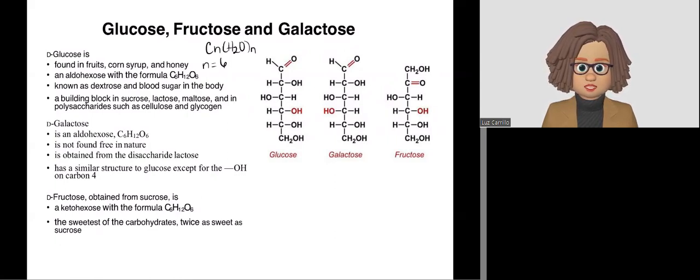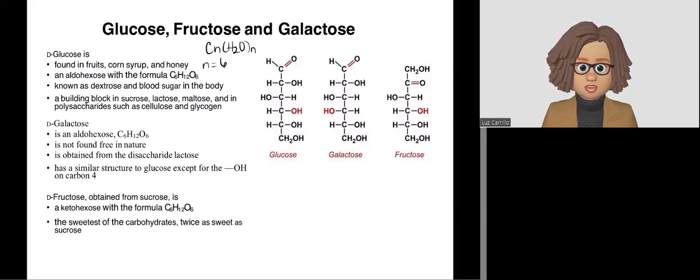Glucose is very important because if we look overall at larger carbohydrate molecules, including disaccharides or polysaccharides, it is going to be the building block for these molecules. So we can see that glucose is present in the disaccharides sucrose, lactose, and maltose, and it is even present in polysaccharides, including starch, cellulose, and glycogen.